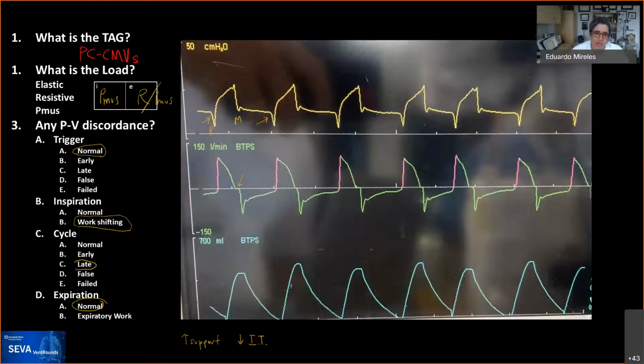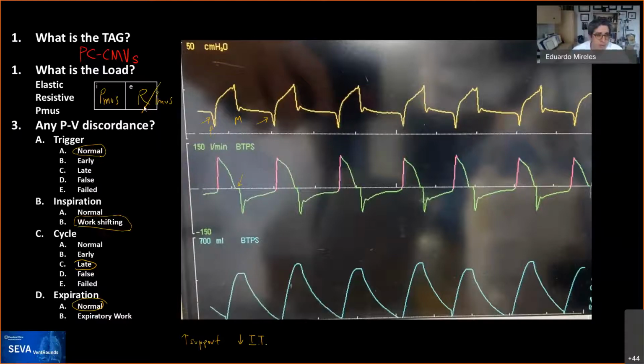That's one of them. The other one is increasing the amount of support, so it pressurizes. However, sometimes increasing the level of support may not even get rid of this, because the ventilator is not delivering the pressure at the speed that you want.